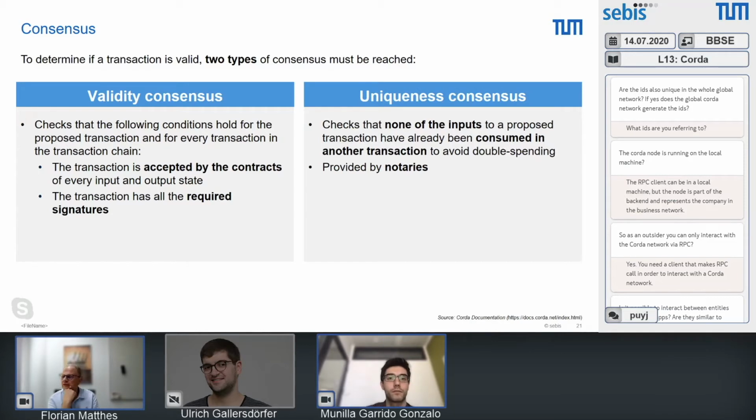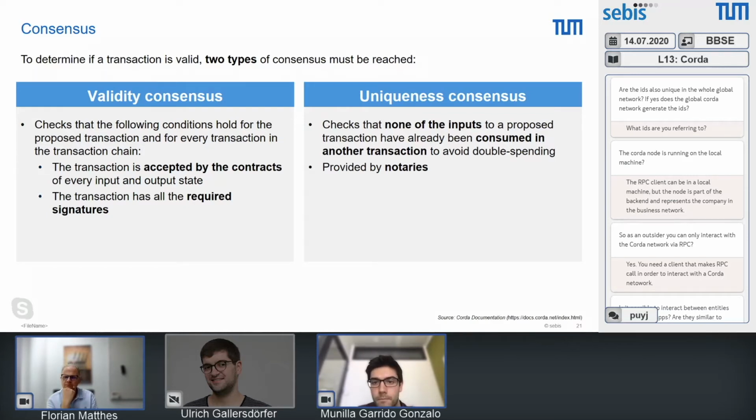Because in the end you want to verify. So you have your vault, and somebody else in another business network has another vault. So there is no need for the IDs to be unique within the entirety of the global network, but within your own business network and vaults, the IDs should be unique, as you said. Okay.